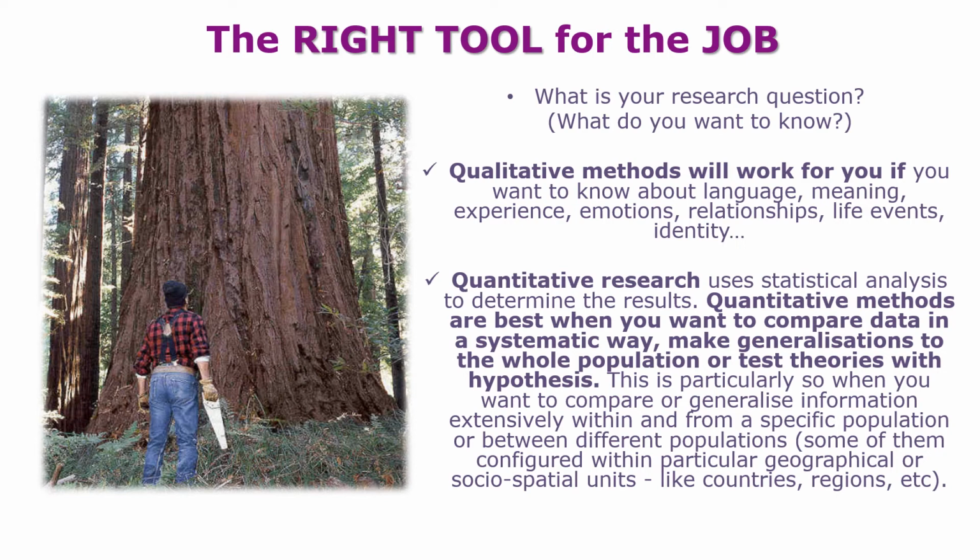So when you want to compare or generalize information extensively within and from a specific population or between different populations, some of them configured within particular geographical or social spatial units like countries, regions, then you want to use quantitative research. So we do that.